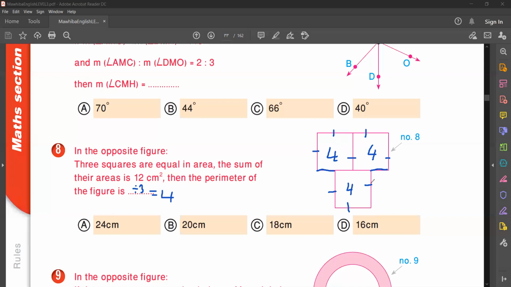So what about the length of side? It is will be what? 2. Also here 2. Also here 2. What about here? It is what? It is 1. Then you add. Look. Then you add the length.